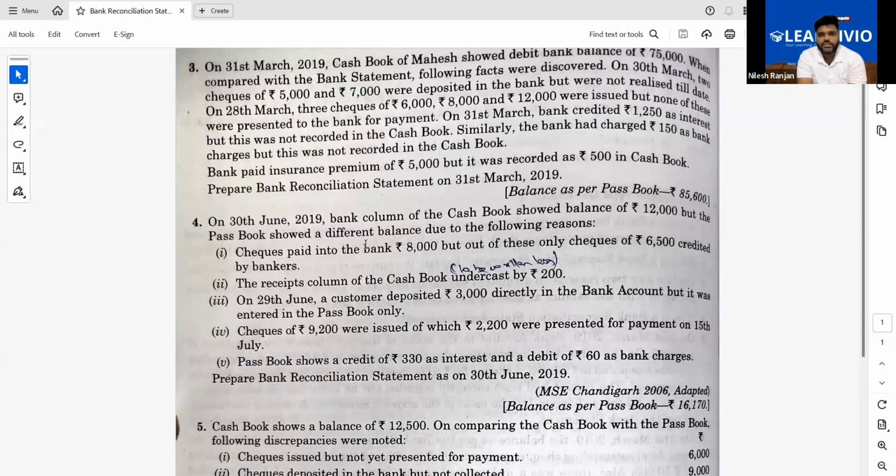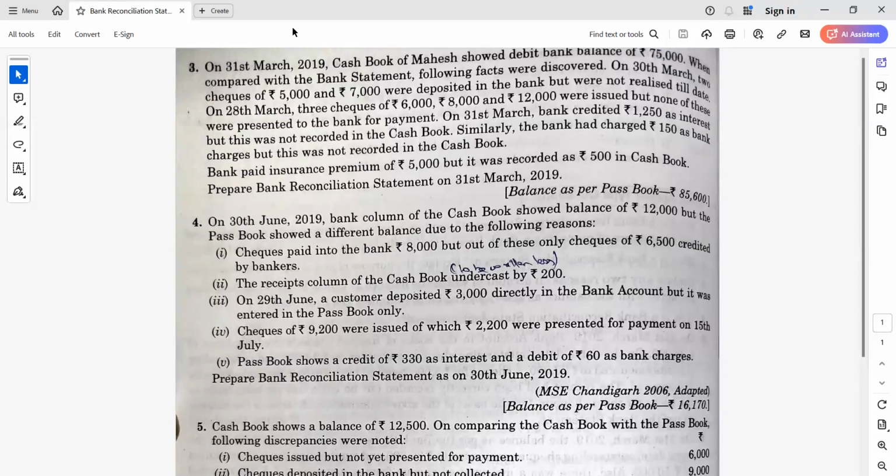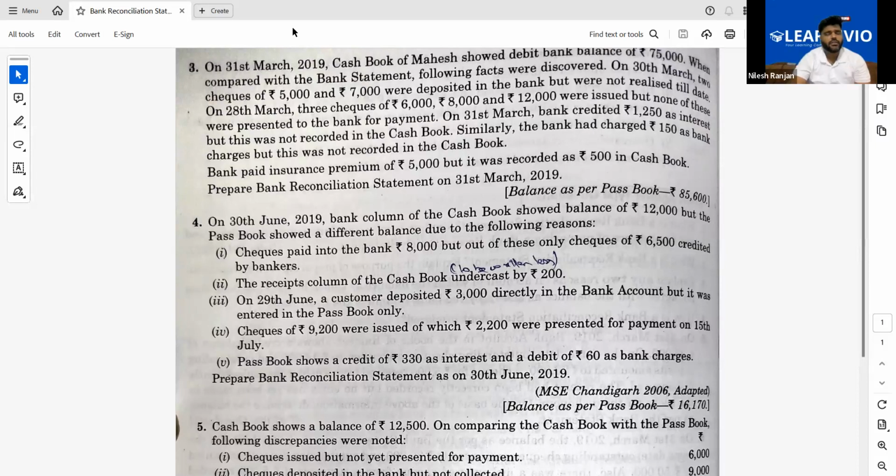Now the next transaction is on 31st March, the bank credited rupees 1,250 as interest, but this was not recorded in the cash book. Just 1 minute. Okay.